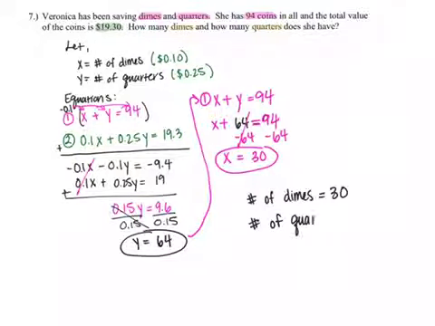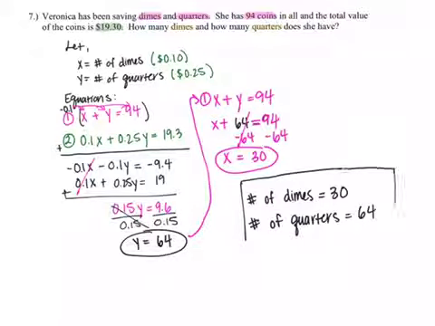So I'm just writing it this way though. Number of quarters equals 64. So in this case, we were able to find how many dimes and quarters Victoria had. So boxing that in. Okay, that's basically it.